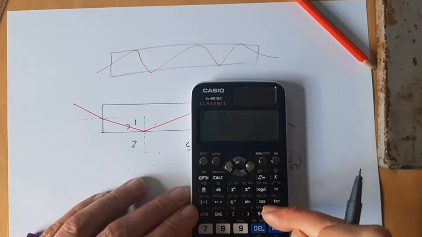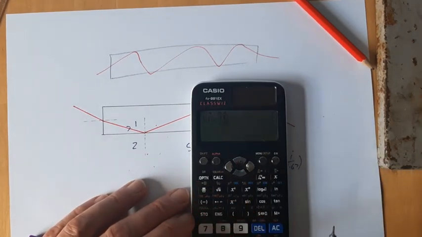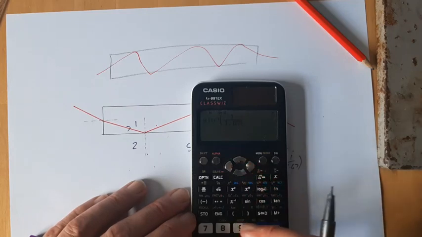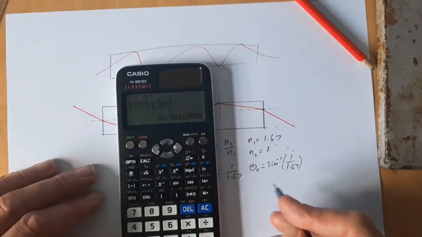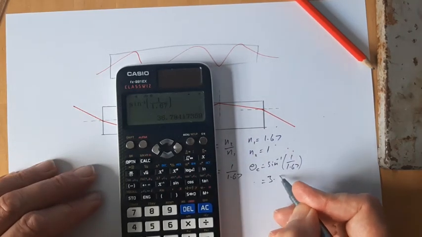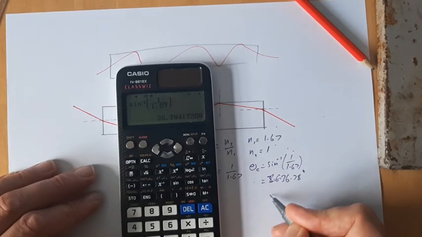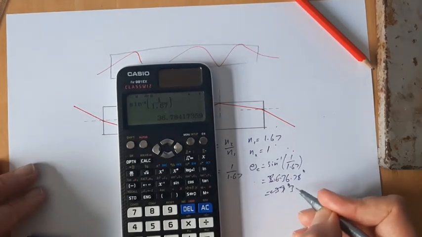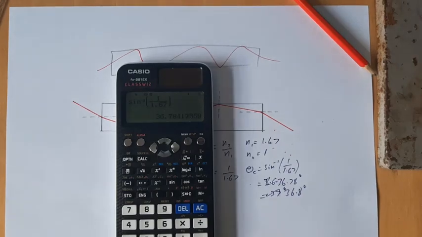So it's shift, sine, open bracket, best to use the fraction key, 1 on the top, 1.67 on the bottom, move it along, close the bracket, equals 36.78 degrees. Let's round that to 37 degrees. No, let's round that to 36.8 degrees because the information supplied was to 3 significant figures.